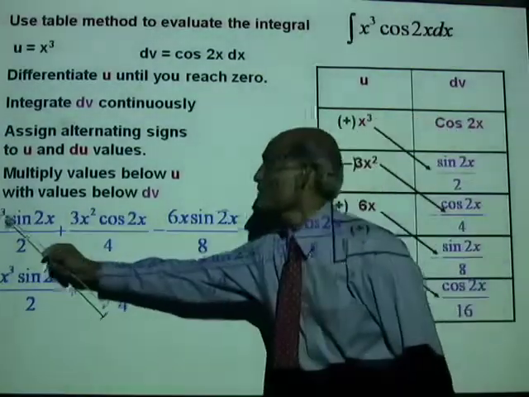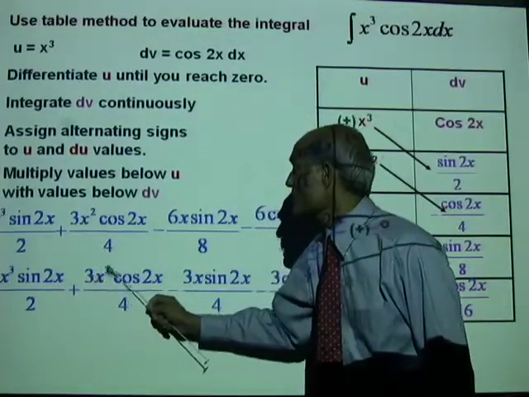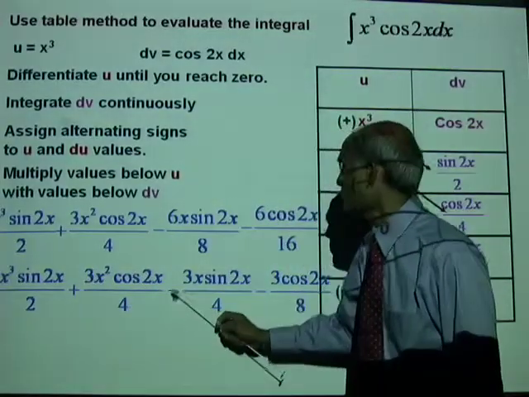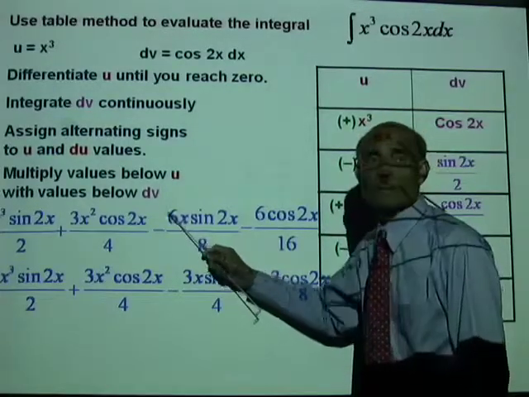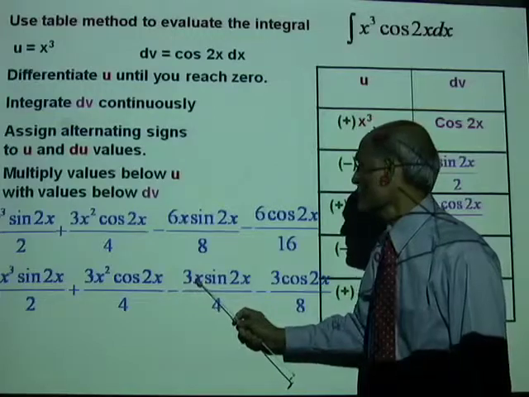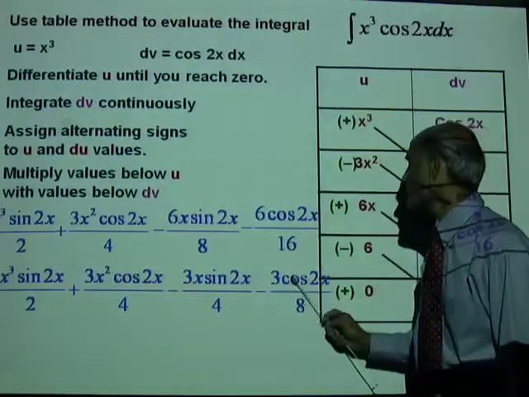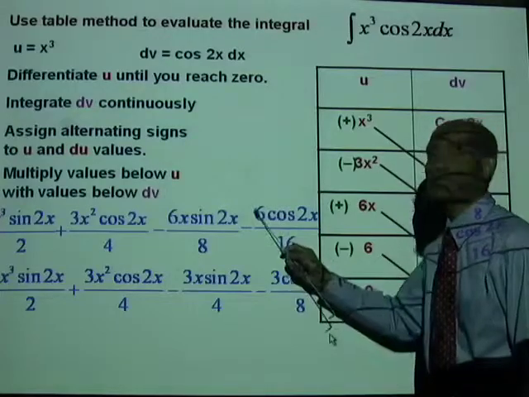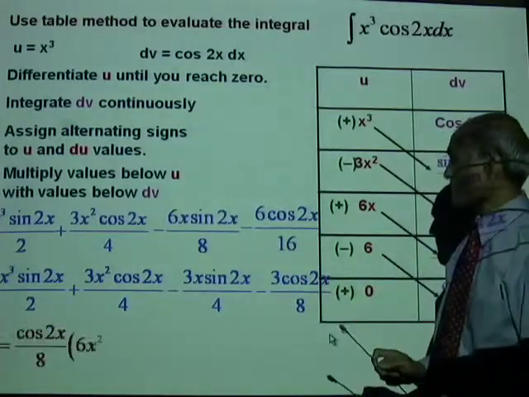And you can simplify some of these. That will be x cubed sine 2x over 2 plus 3x squared cos 2x over 4 minus 6 and 8. You can divide by 2. That will be 3x sine 2x over 4 minus 3 cos 2x over 8. Again, you can divide by 2. Plus c.